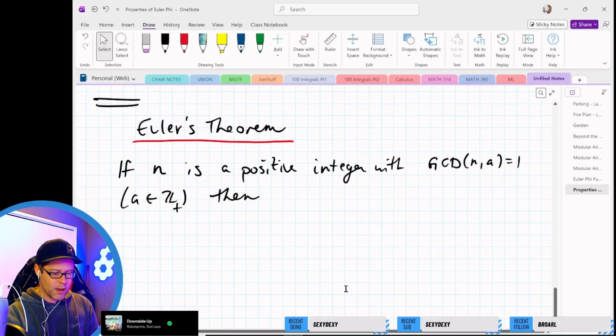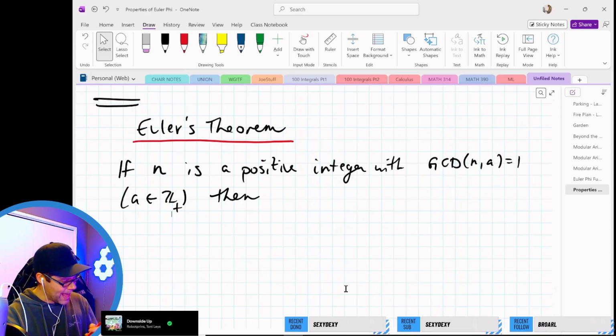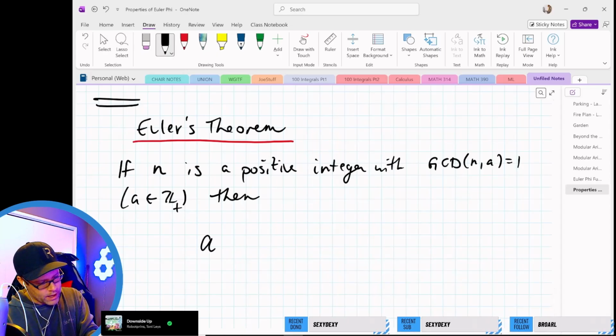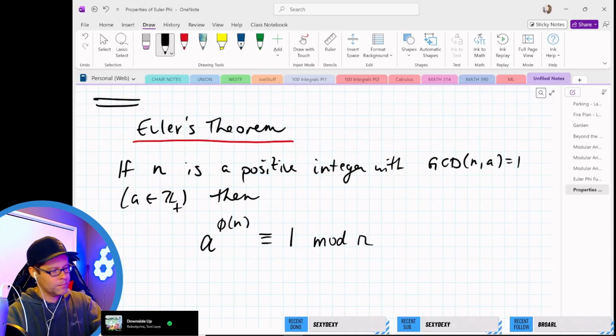So if I have a positive integer and I grab another positive integer that's co-prime with n, then a to the phi n is congruent to 1 mod n.